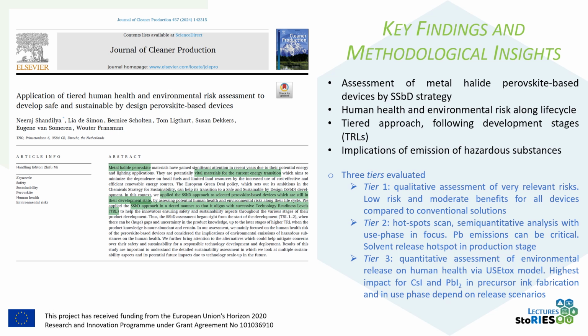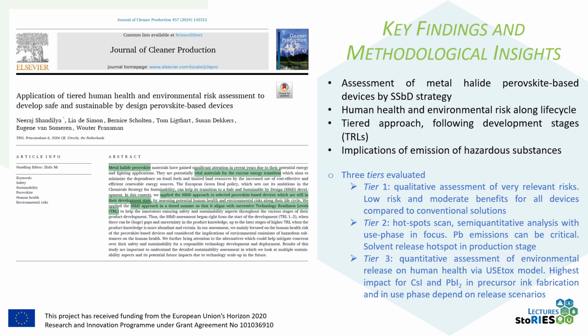Precisely, they assess some metal halide perovskite-based devices, taking into consideration essentially the human health and environmental risk along the entire life cycle, in a tiered approach that follows the development stages of these new devices. They also consider the implications of the emissions of some hazardous substances in the environment.